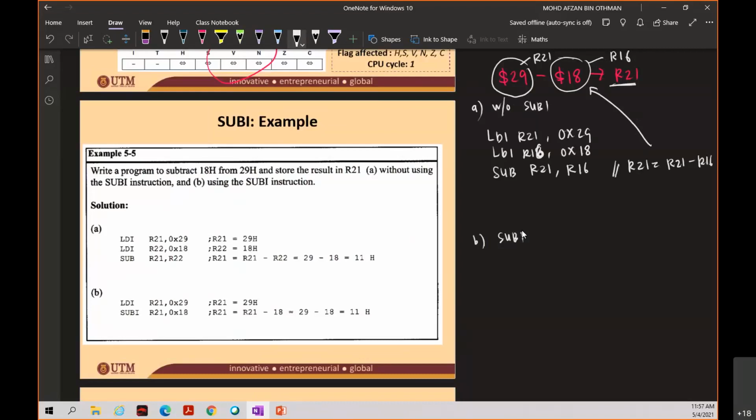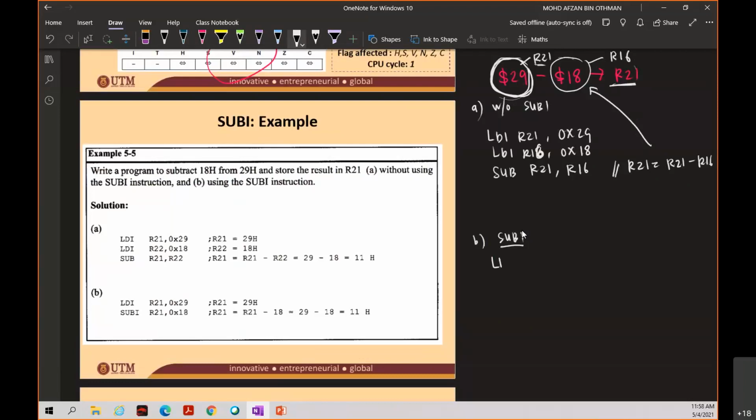What about if you're going to use the SUBI instruction? For the SUBI instruction, only the first number you put in your register, while the second number you just make as an immediate value. So in this case, we need to put 29 in R21. Why R21? Because at the end, we're going to put the result in R21.